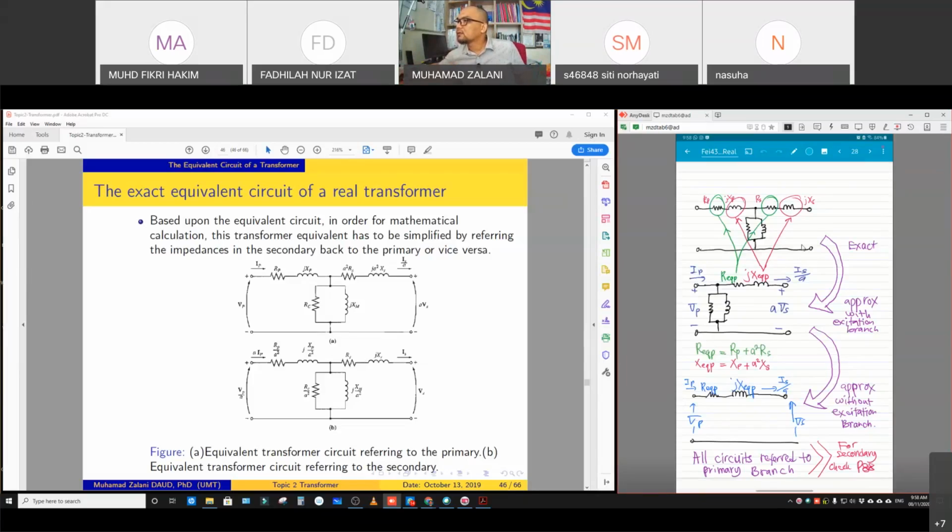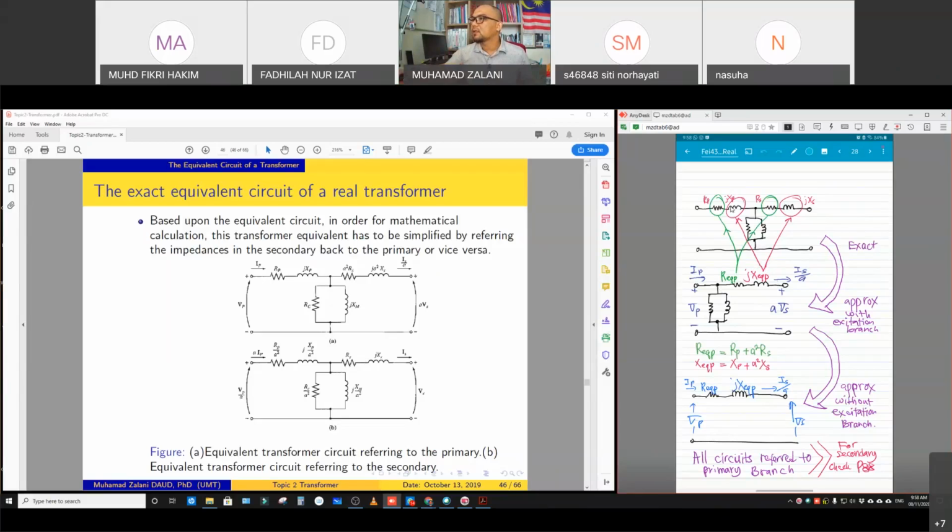excitation branch. For example, we have this exact equivalent circuit at the top of the figure from my handwritten notes. As you can see, this is the familiar arrangement of the exact equivalent circuit that we saw in our previous lesson, in our previous slide. So we can just combine. This is one of the approximate equivalent circuits that lumps all the resistances together.